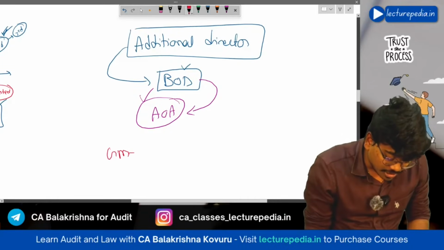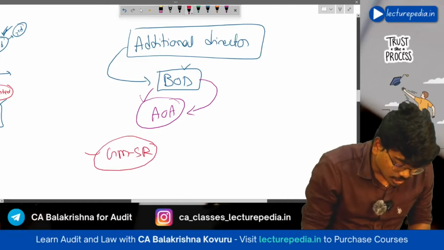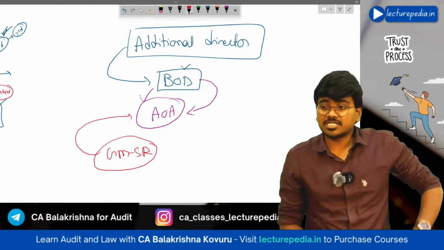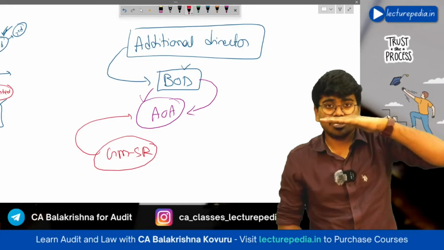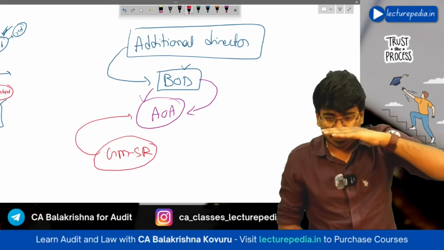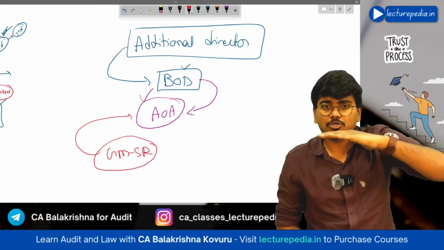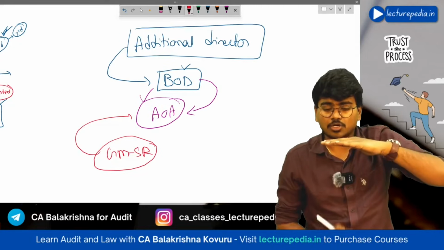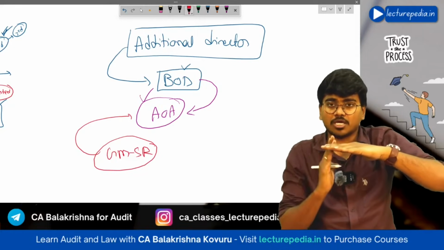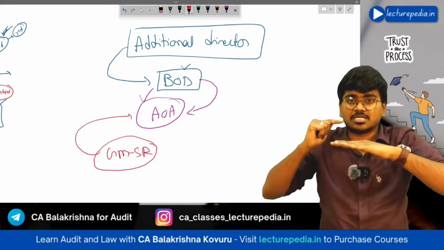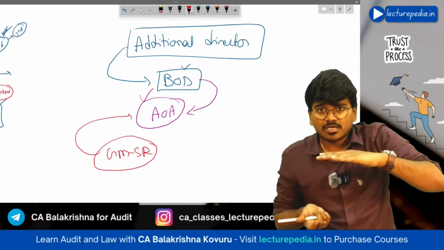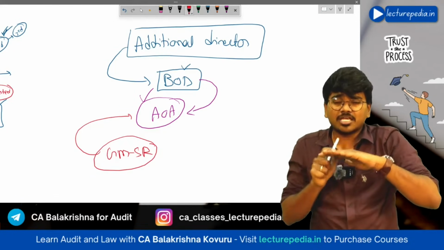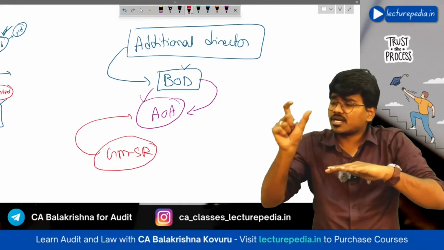By passing a general meeting special resolution, you can alter articles of association to give power to board of directors. First of all, AOA has not given power to board of directors to appoint additional director. There is no point mentioned in AOA, but the company wants to appoint additional director. In this situation, what can you do?